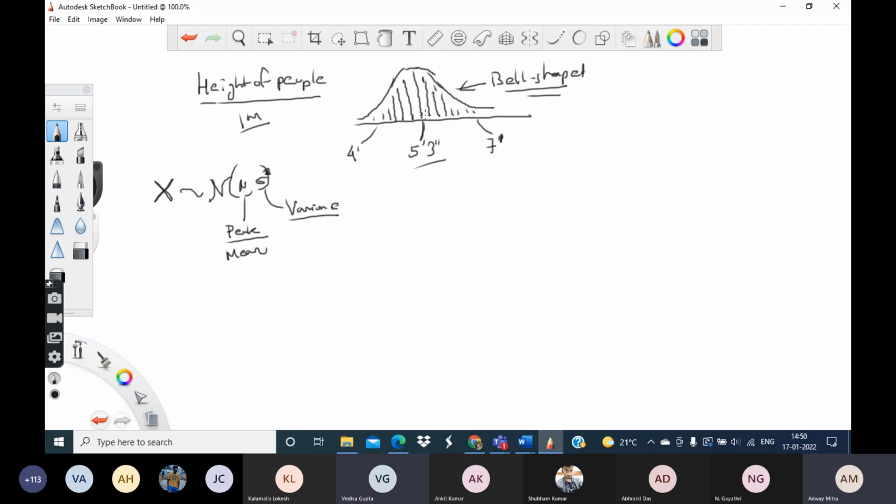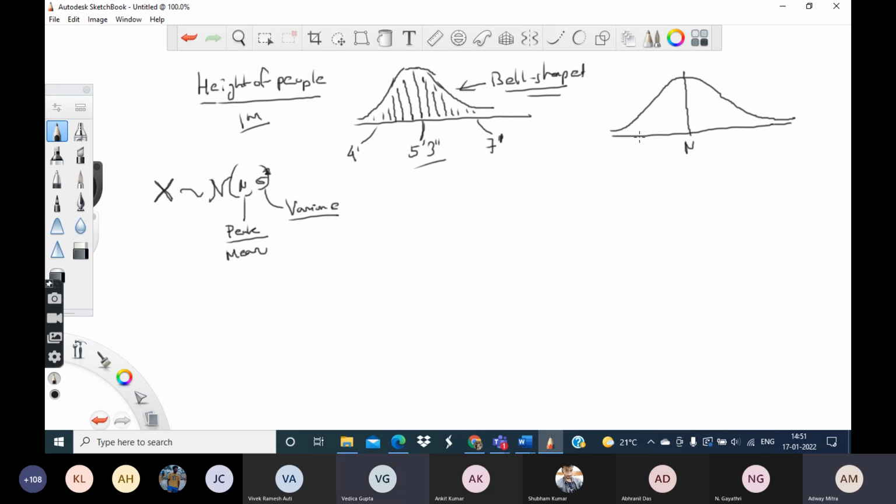Okay, so a large value of sigma will mean that it's spread over a longer region. It is maybe something like this. Wherever the peak is, this value is called mu, and this width is related to sigma.